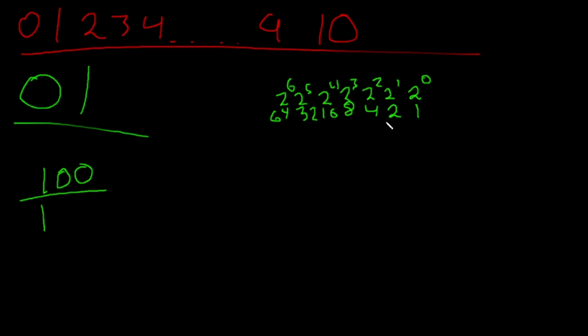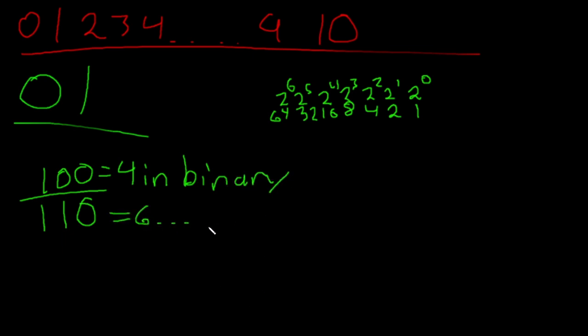So then you need 1 two. And then what's 2 minus 2? 0. So you don't need any 1s. So that's 6 in binary: 110.